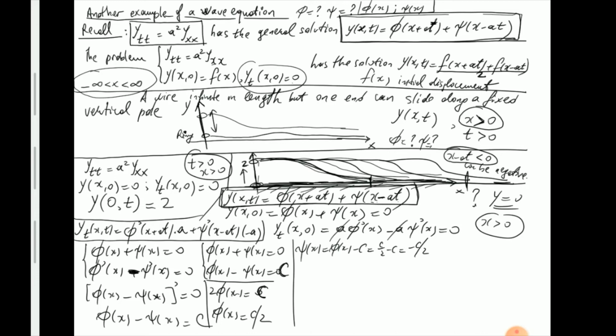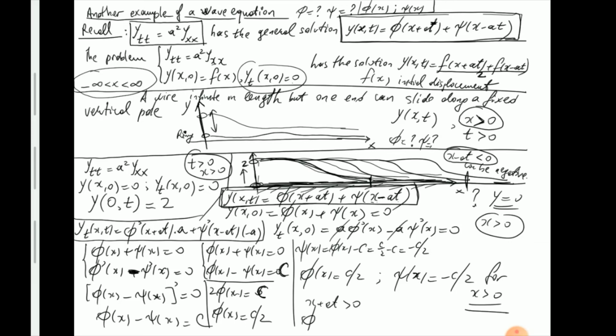We're going to have to continue on the second page, but let's summarize. So phi of x is some constant over 2, psi of x is the opposite of that constant, just for x greater than 0. We still need to figure out what psi is for a negative argument. Notice there is no problem with phi. In the solution, x plus at is always positive.